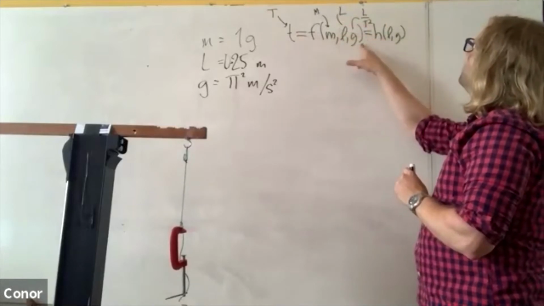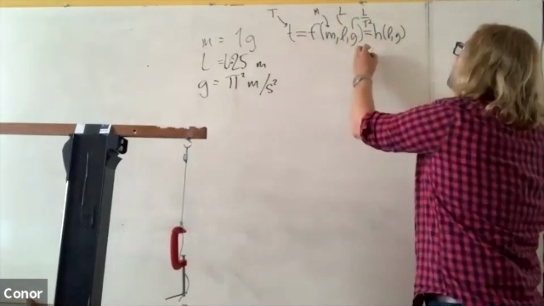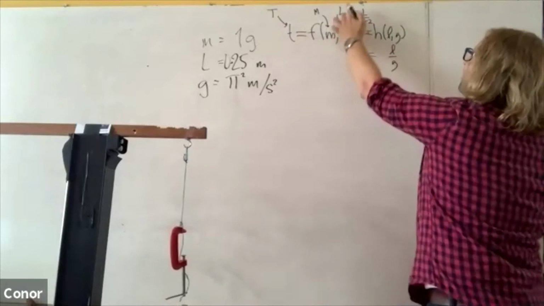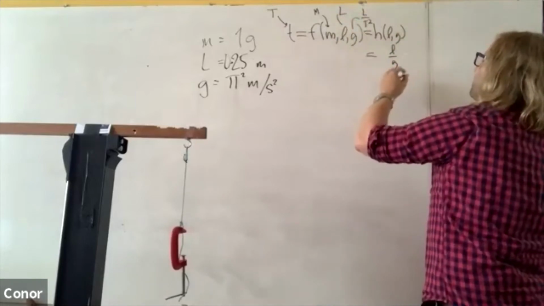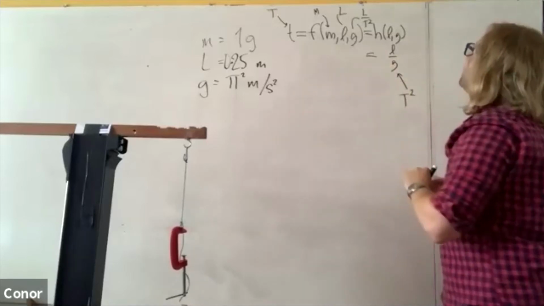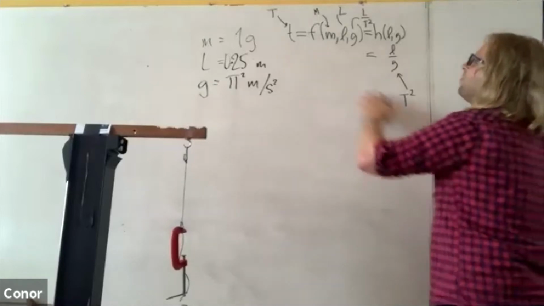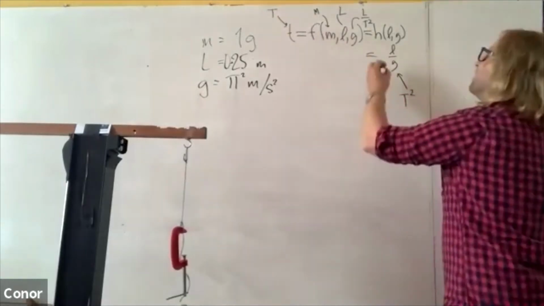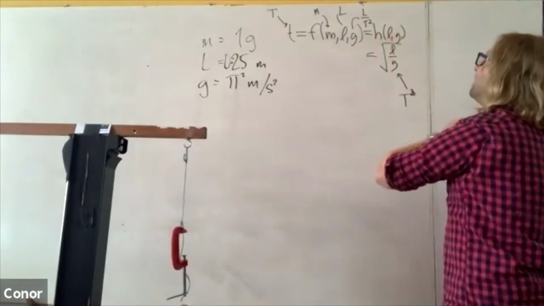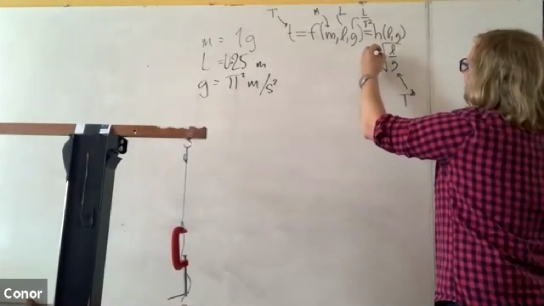So I have to do L over G or G over L. And if I do L over G, that's going to cancel the length dimensions, and I'm going to get something here, which at the moment has t squared, right? It's 1 over t squared. So that's not right because I have a t on the left. So I better take the square root of this, I suppose. That's going to cancel out the square. And then I could still have some dimensionless constant here, which I don't know.